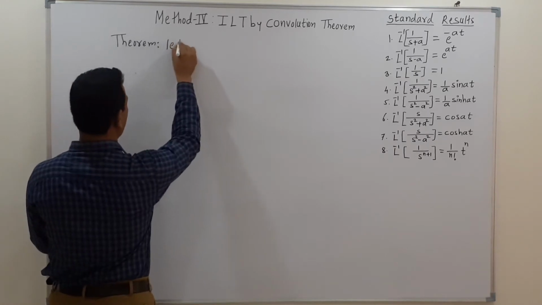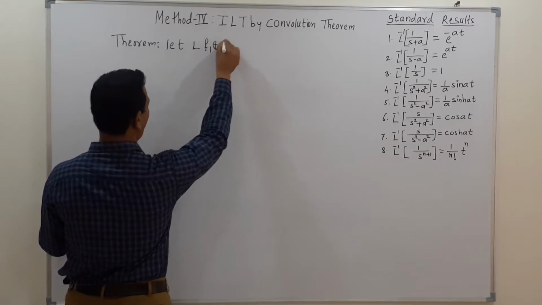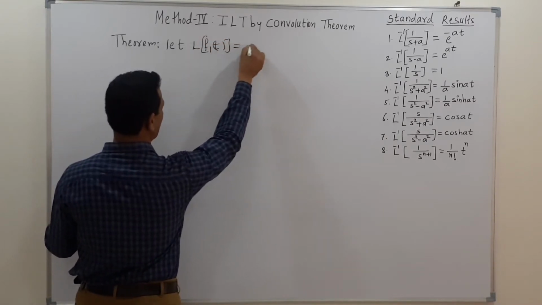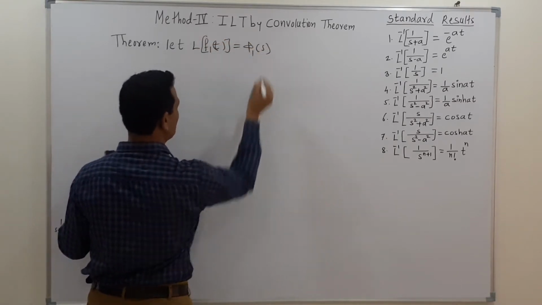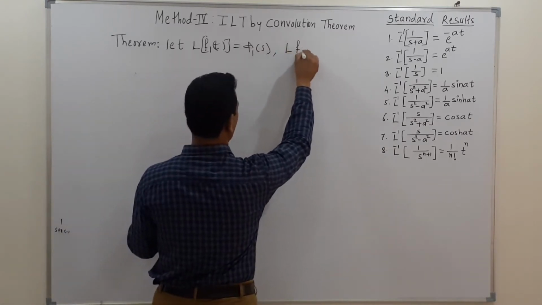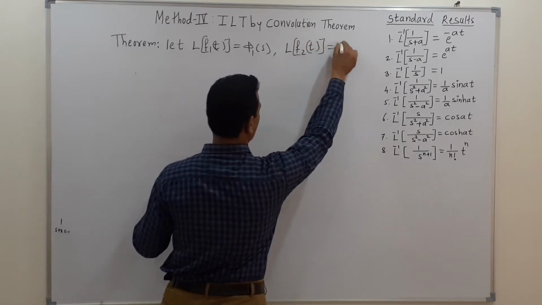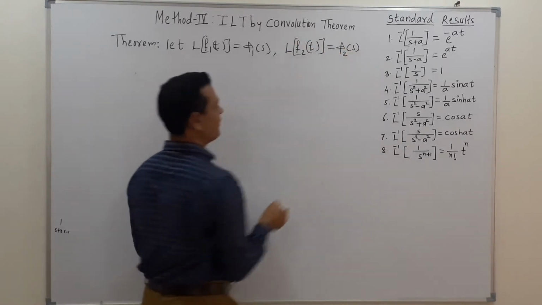Let the Laplace transformation of f1 of t be phi 1 of s, and assume the Laplace transformation of f2 of t is phi 2 of s.